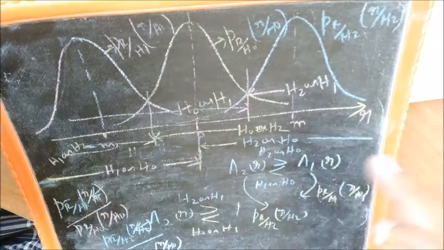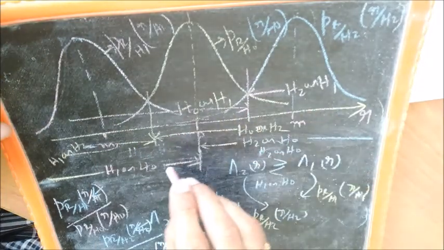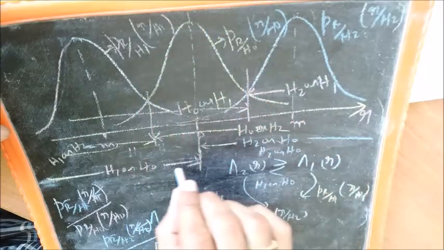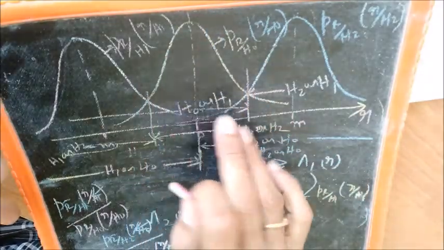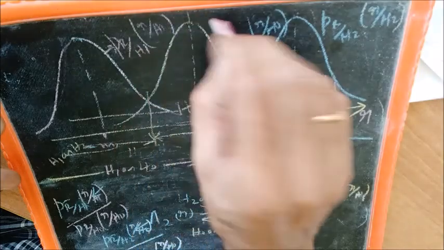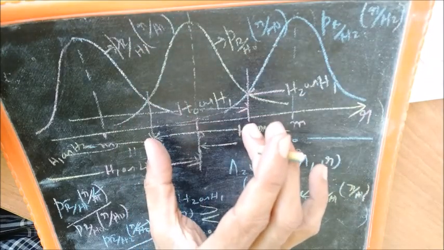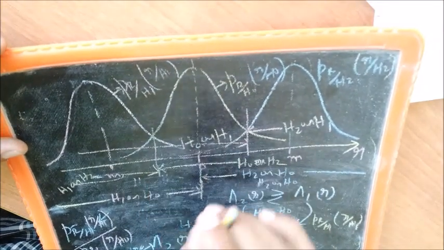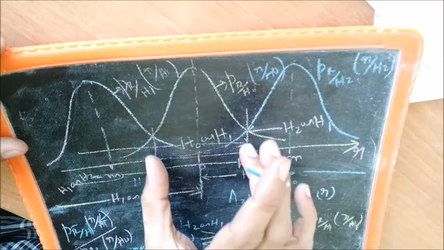So if you compare all this, you see that H0 is common in this region. And it is intuitively satisfying because PR H0 is the largest in this region.